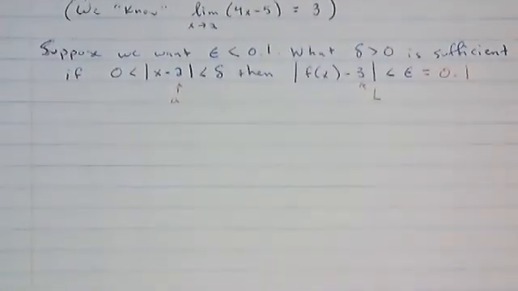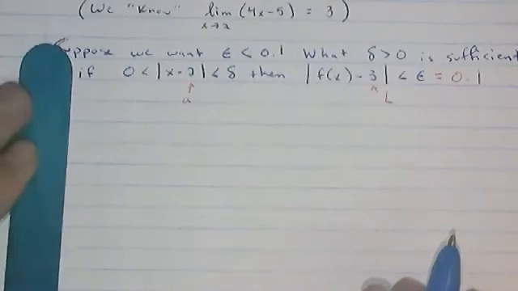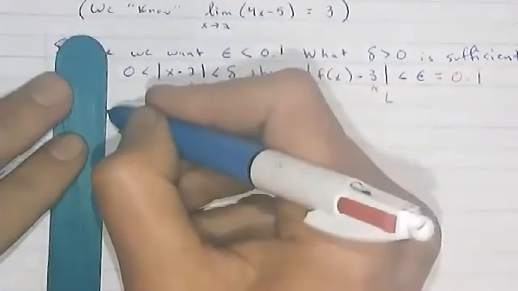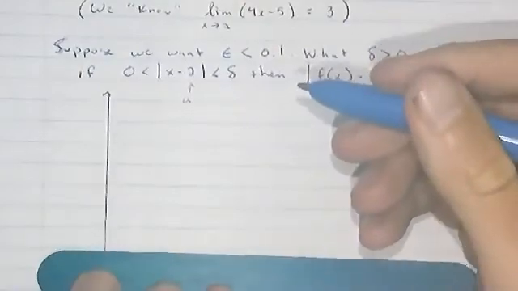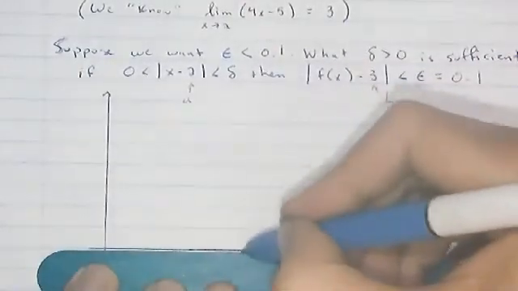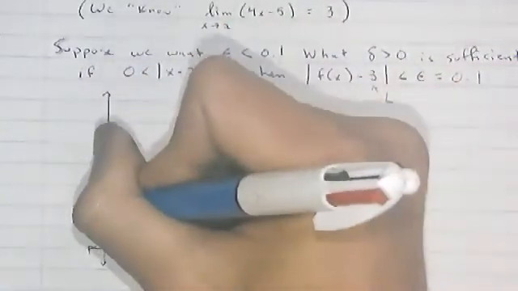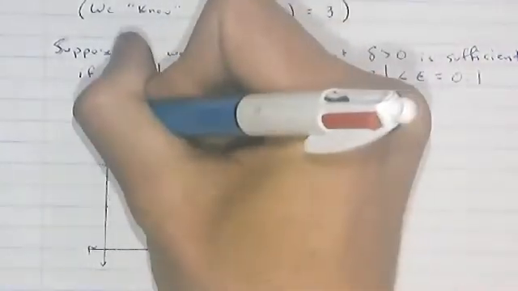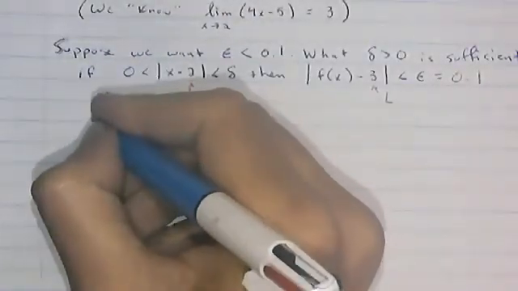Okay, so let's kind of plot this out. It doesn't need to be super exact, but just to get a sense of what's happening here. Call this 3.